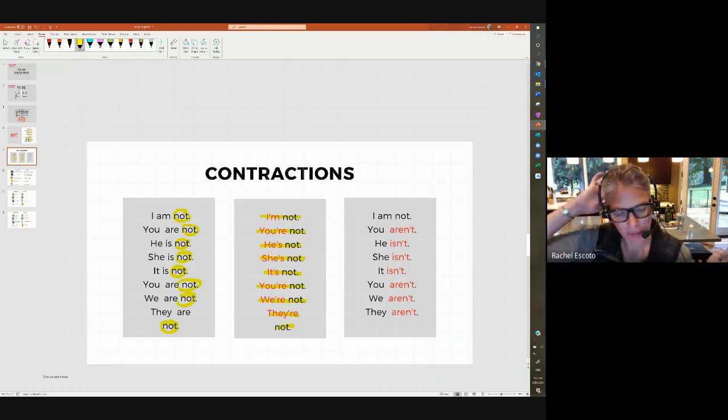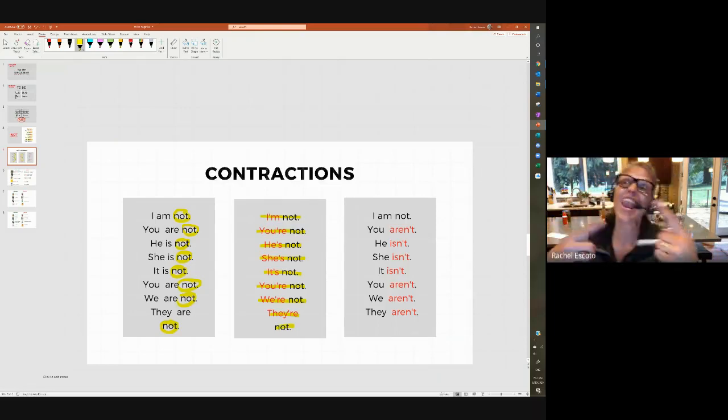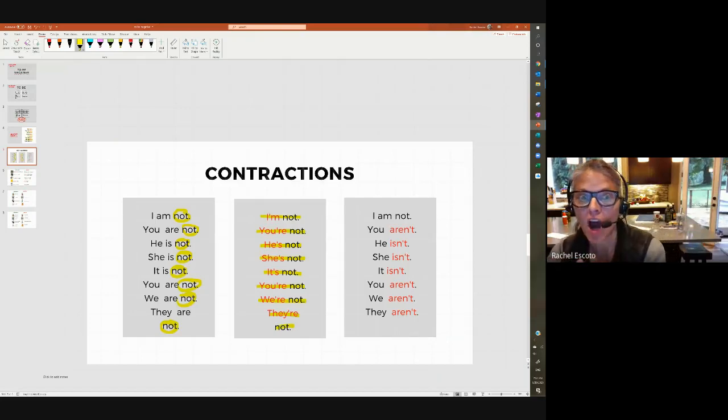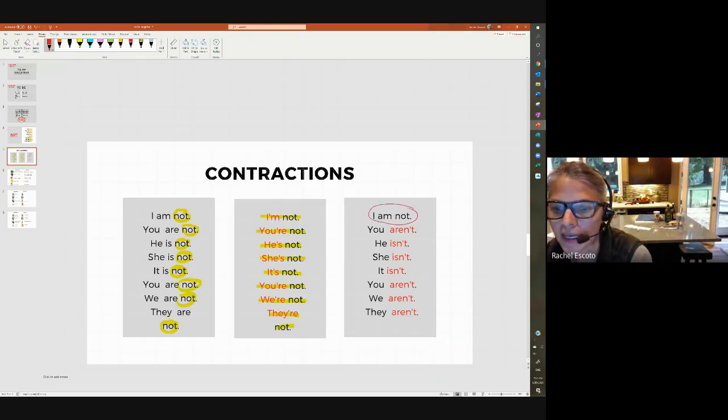Okay, but just to make it a little bit more crazy, there's another kind of contraction, right? So this is just the regular to be contraction over here. But there's a whole different contraction when we combine the verb and the not. So for I am, there's no way we can connect these two right here. We can connect here, but we cannot connect here.